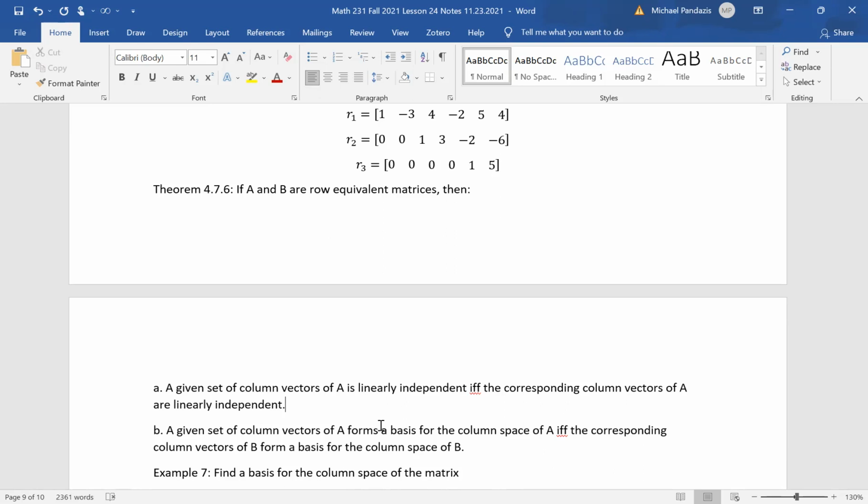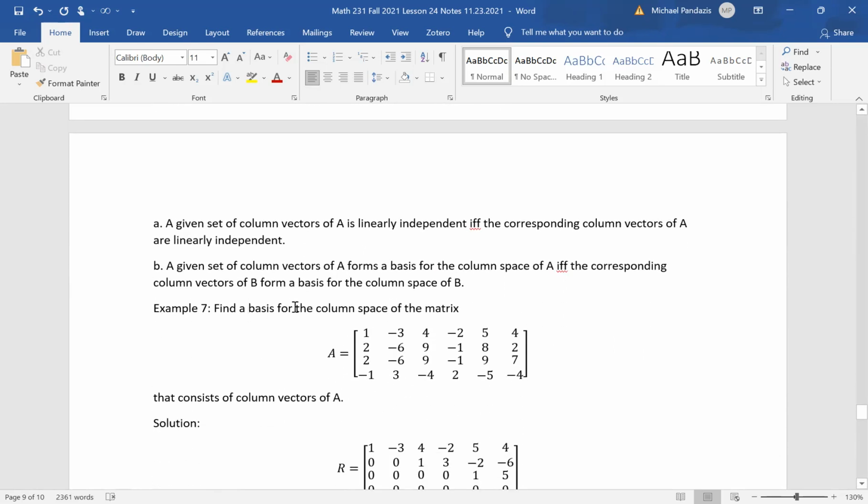If a set of columns in one matrix does not form a basis for the column space of that matrix, then correspondingly the corresponding columns in the other matrix do not form a basis for the column space of the other matrix. This is for row equivalent matrices A and B. Matrices where you can get either matrix from the other using only elementary row operations.